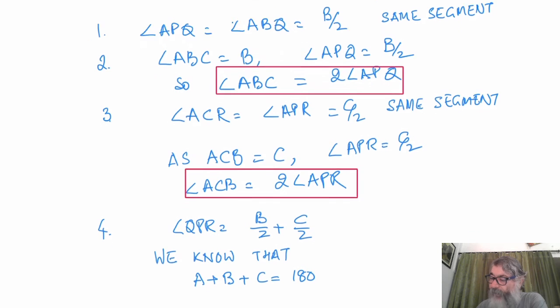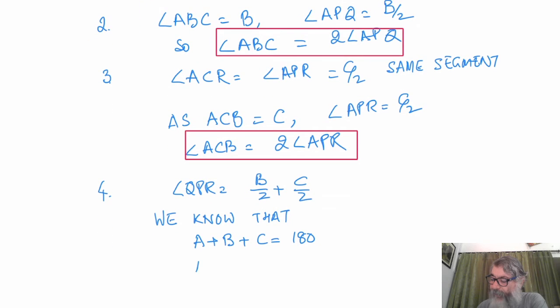So if I divide all of them by 2, what will I get? A by 2 plus B by 2 plus C by 2 is equal to 180 by 2, that is 90.